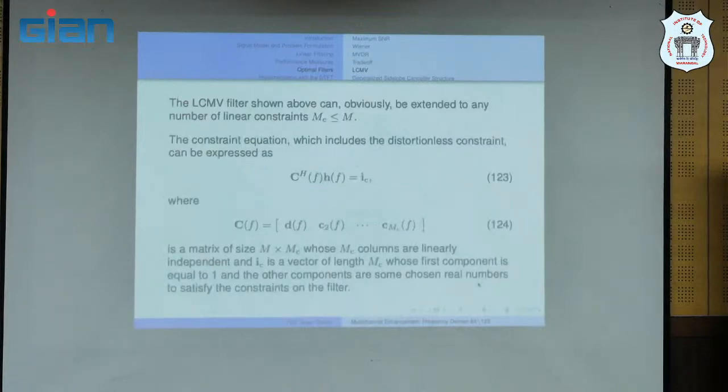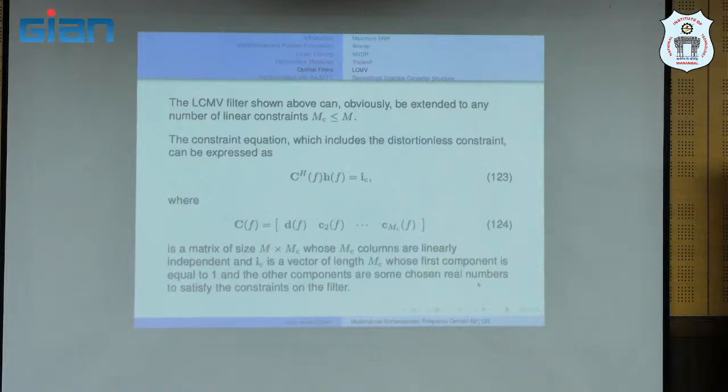Okay, and then we can also extend it to additional constraints. So this is the constraint, and we can write it in this way. So you can have additional constraints. For example, we add constraints based on some directions.